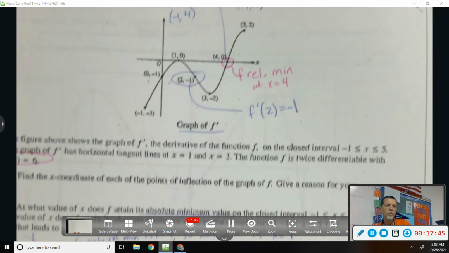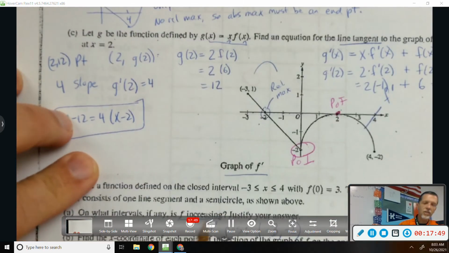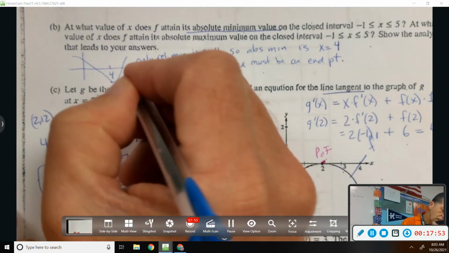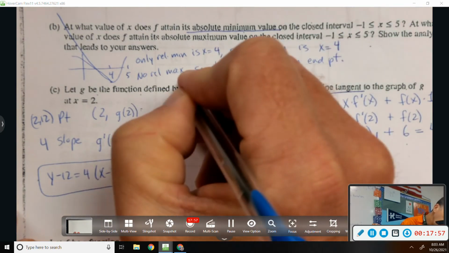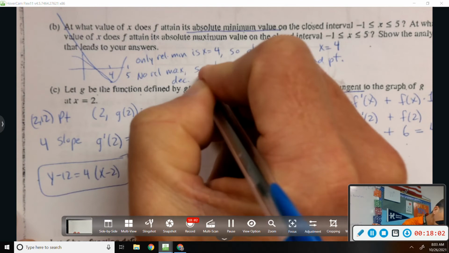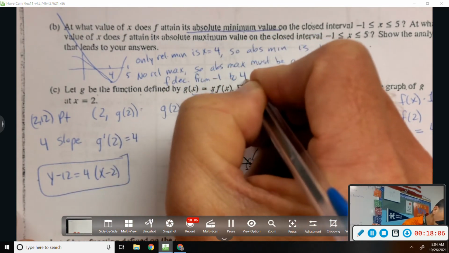So what do you think we did more of? Did we do more decreasing or more increasing? Let's see, how do we say this? f decreased from -1 to 4.